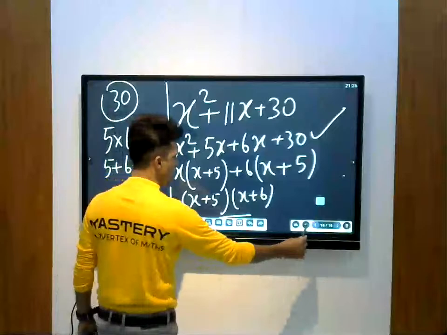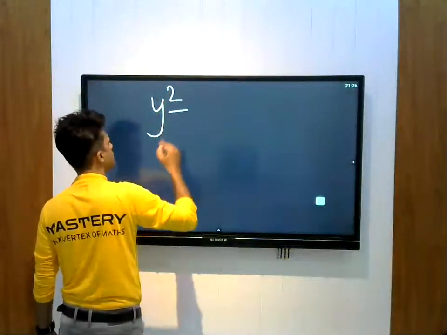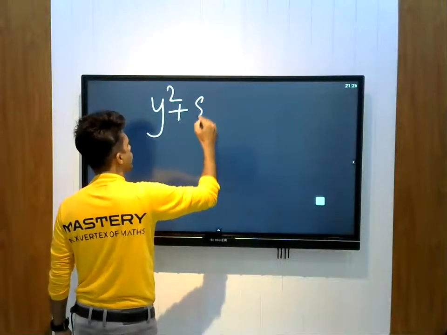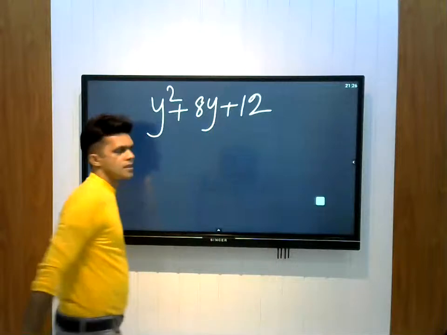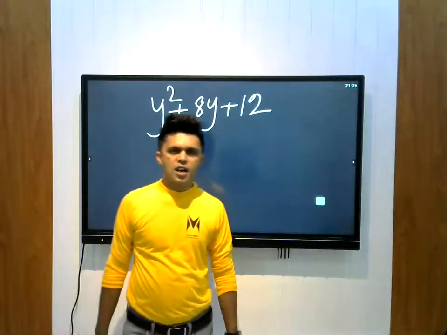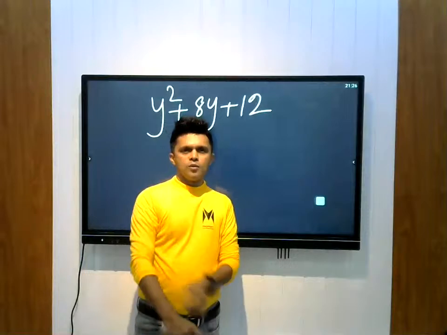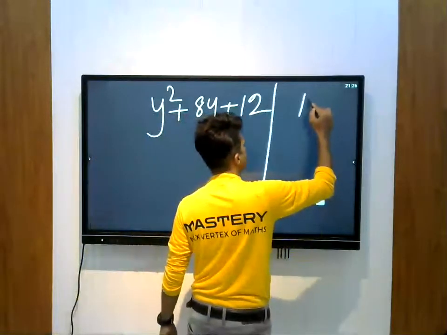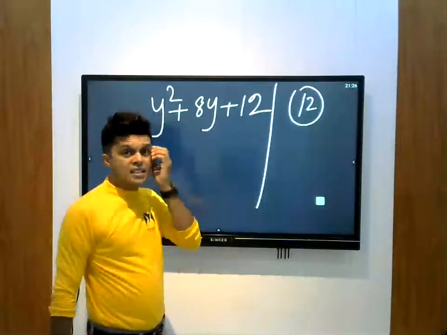How can you do this type of one? y squared plus 8y plus 12. How can you do this one? Find the factors of 12 so that you can get 8 here.